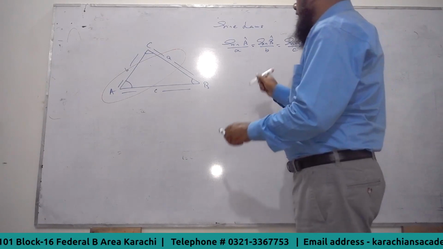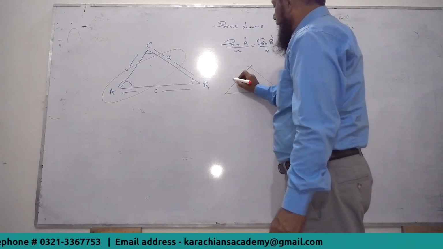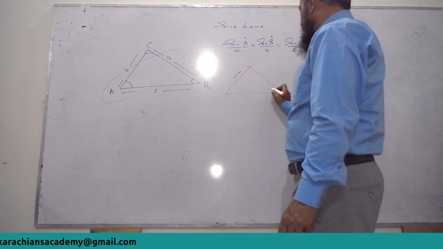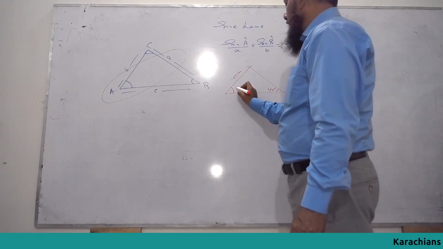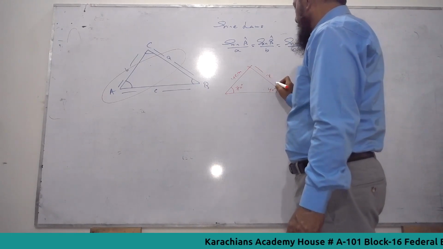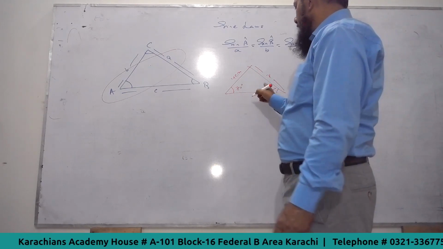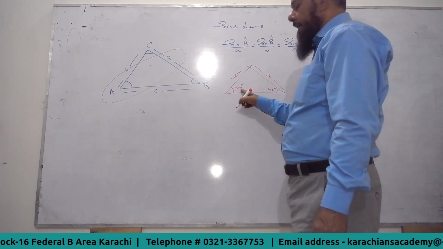For example, in a triangle, if something is given like this side is 4 centimeters, and let's suppose this angle is 40 degrees, and this angle is 70 degrees, and we need to find this side, that is called x. We can easily find this x by using this formula, because this angle and this side are opposite, and this side and this angle are opposite.